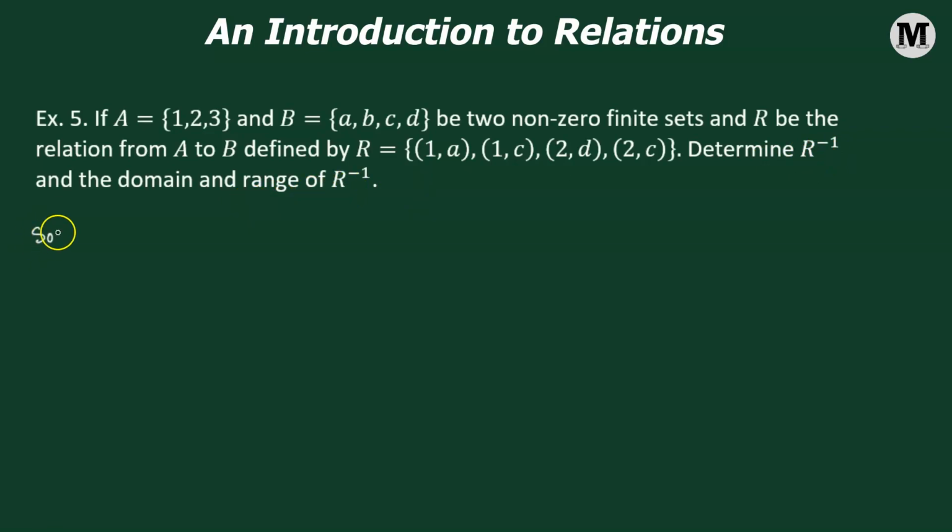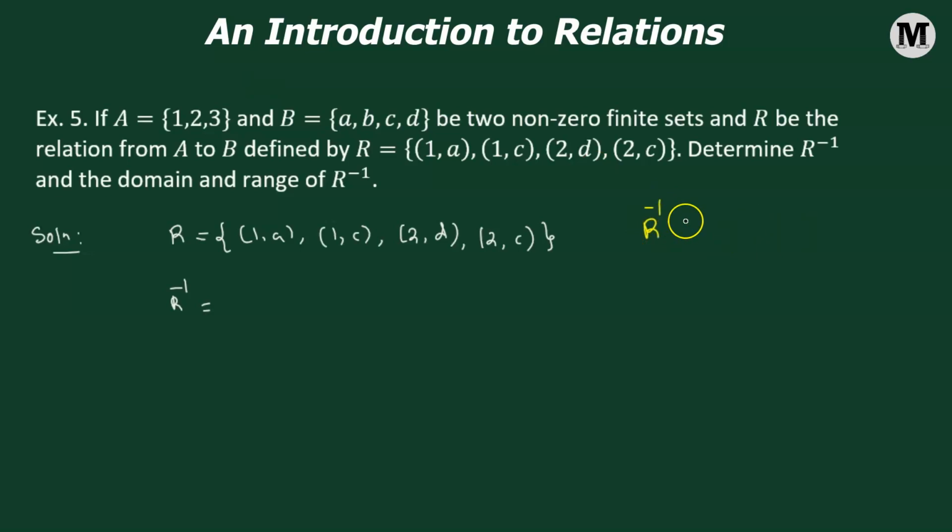Okay, let us begin. So we start by considering the original relation R, which is the set of the ordered pairs (1, a), (1, c), (2, d), and (2, c). Fine. Now we need to find out the inverse relation R. So what is the definition? Let's quickly recall.